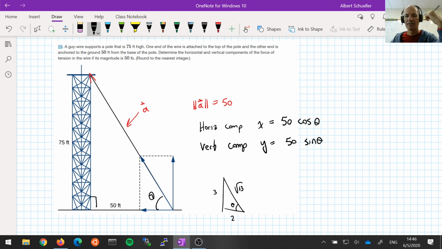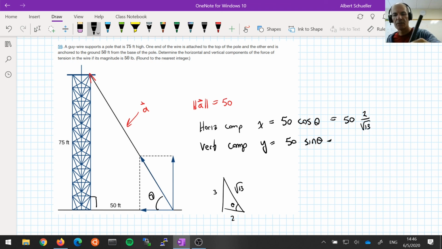And then the cosine of that angle is the adjacent over the hypotenuse. So that's 50. Adjacent is 2, hypotenuse is root 13. 50 times 2 over root 13.